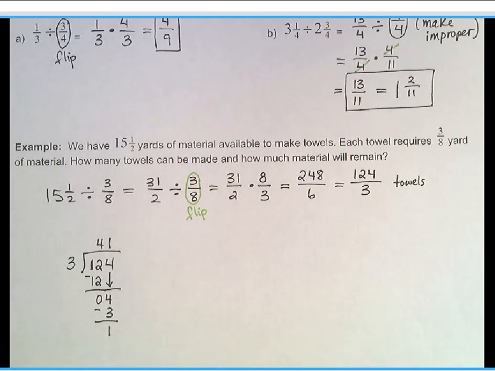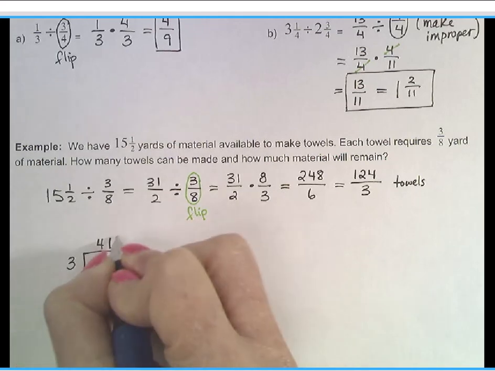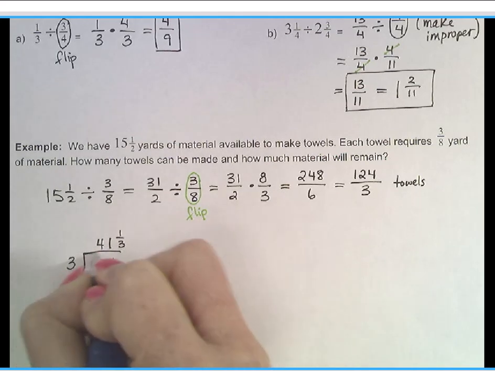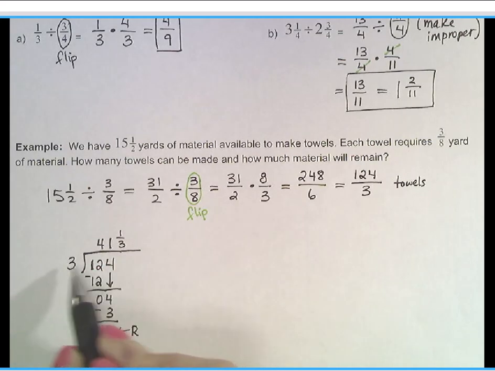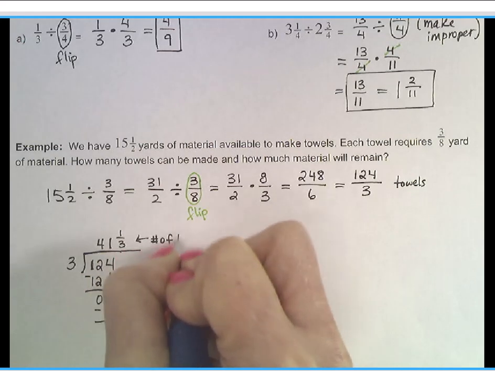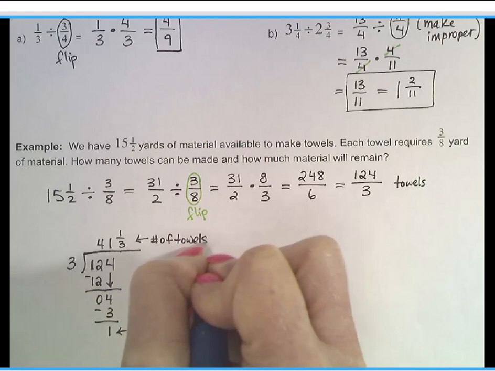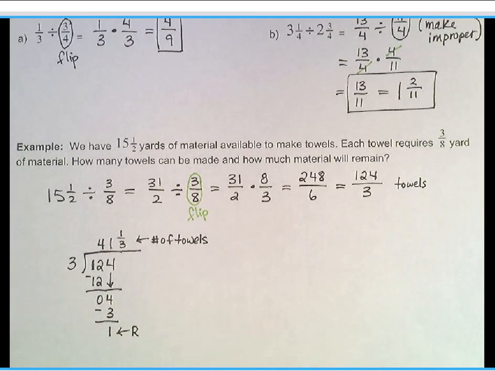We have a 1 left over, but remember you take the remainder here and you put it over this divisor. So that's 1/3. 124 divided by 3, this is the number of towels you can make. I can't write and talk at the same time. There we go. You can make 41 1/3 towels.